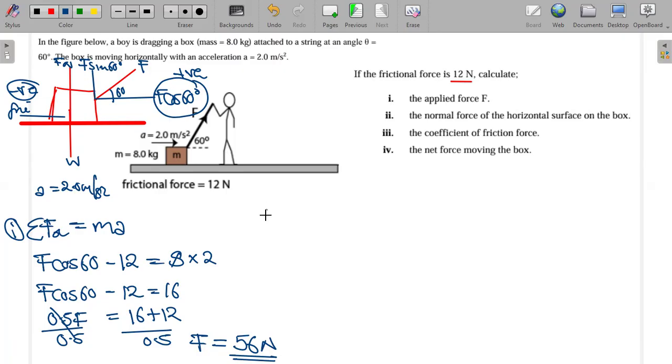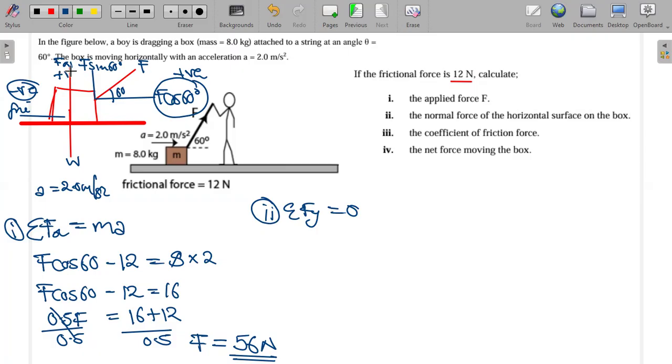Okay. Part two is saying we should calculate the normal force. We're going to use the same approach that I explained to you: there is no acceleration in the y-axis. Therefore, the summation of forces in the y-axis will be equal to 0. What forces do we have?